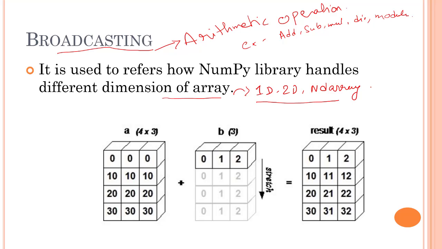So if it is a 1D array, whenever you do this addition operation, always remember that the arrays you are adding, two or three, the sizes will be the same. Like if you are using A as a 1D array, the size should be the same. In the same way, if you use a 2D array, it will not work.